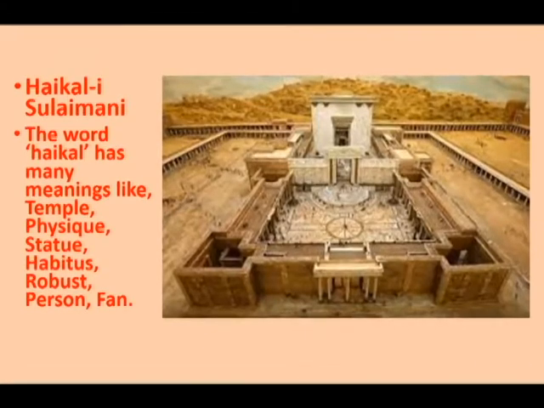It is also used for a person, and it is also used for a fan. A fan is a person who is related to someone very strong. If some very strong persons are related to another strong person, they are also known as fans. For example, today, if there is a person who is politically very strong, around him you will see rowdy types, who are also very strong. They are known as the fans.